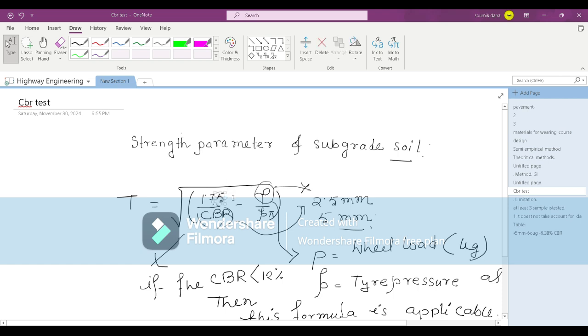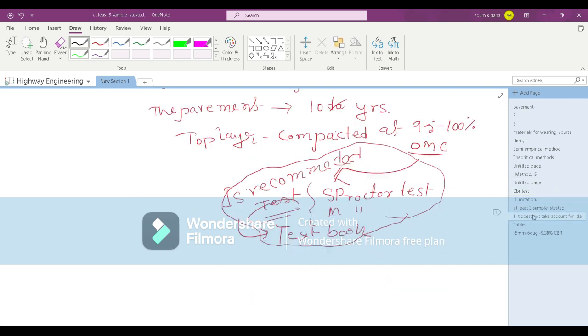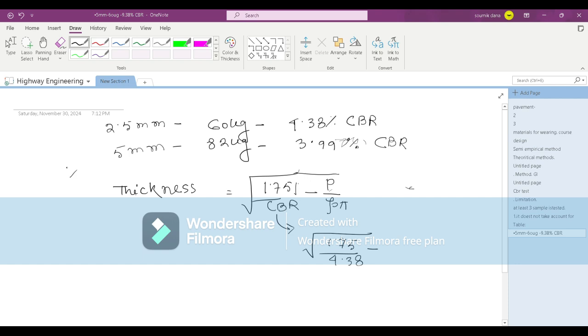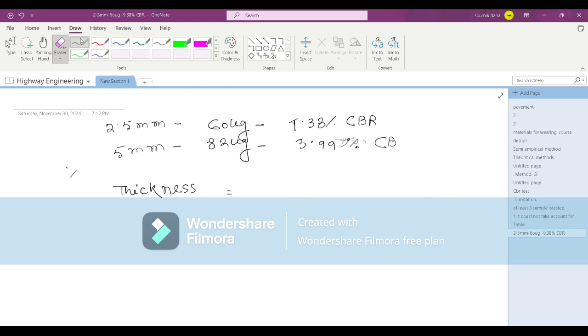Here the value must be multiplied with P. P is the same, and for this case also the value must be multiplied with P. So the formula is as follows.